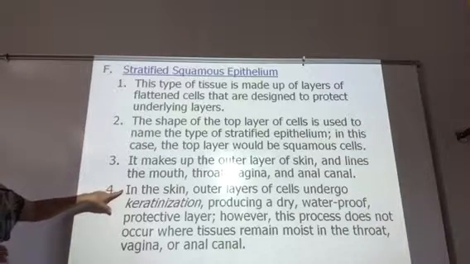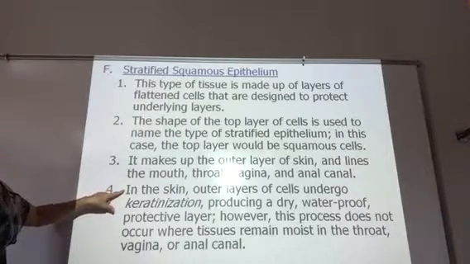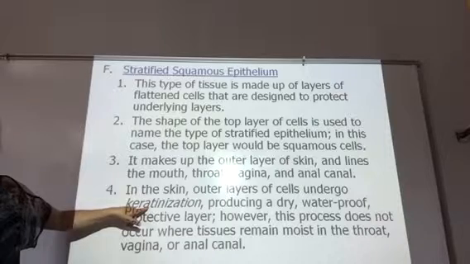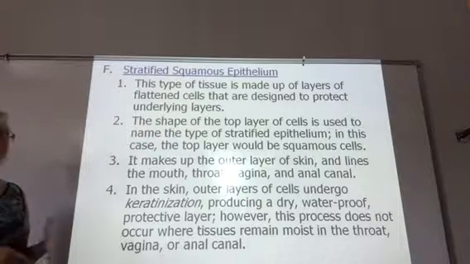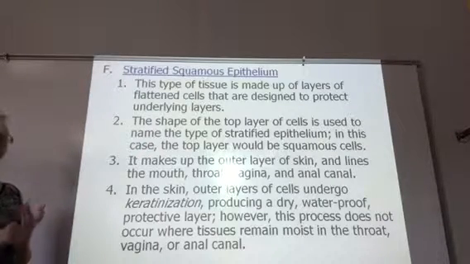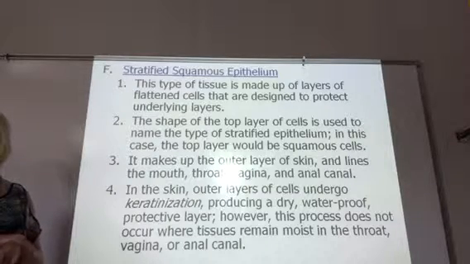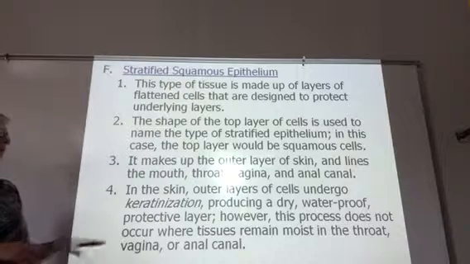In the skin, outer layers undergo keratinization. What that means is basically that outer layer becomes a dry, waterproof protective layer. Basically, they're dead cells, the outer layer of your skin.